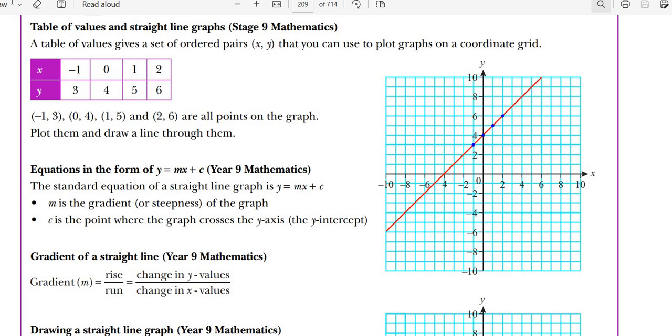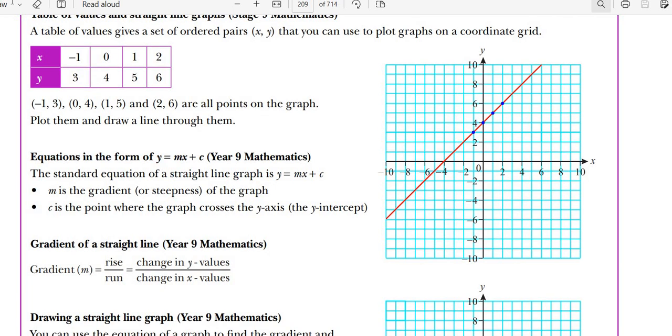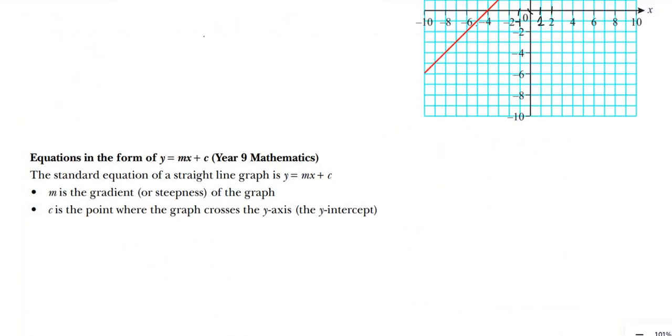Here it says equation in the form y equals mx plus c, okay? In your grade 9 mathematics, the standard equation of a straight line in a graph is this one, okay? If you ever see this expression, then what you're seeing is an equation of a straight line. Why?